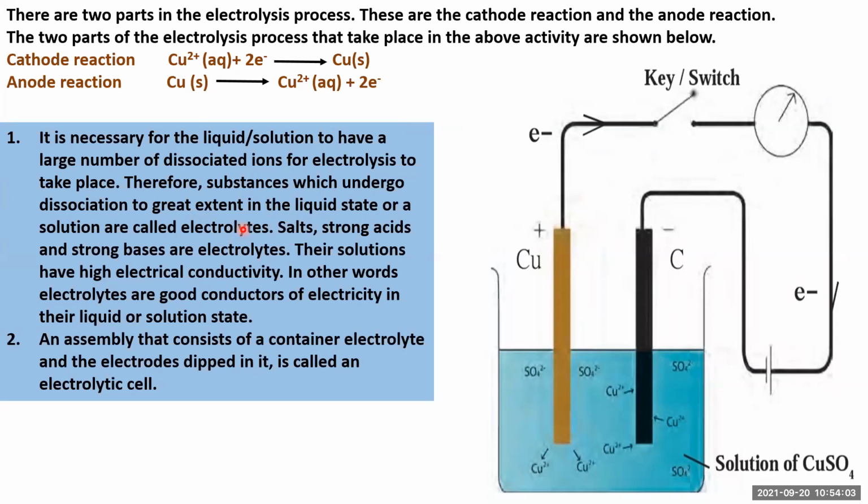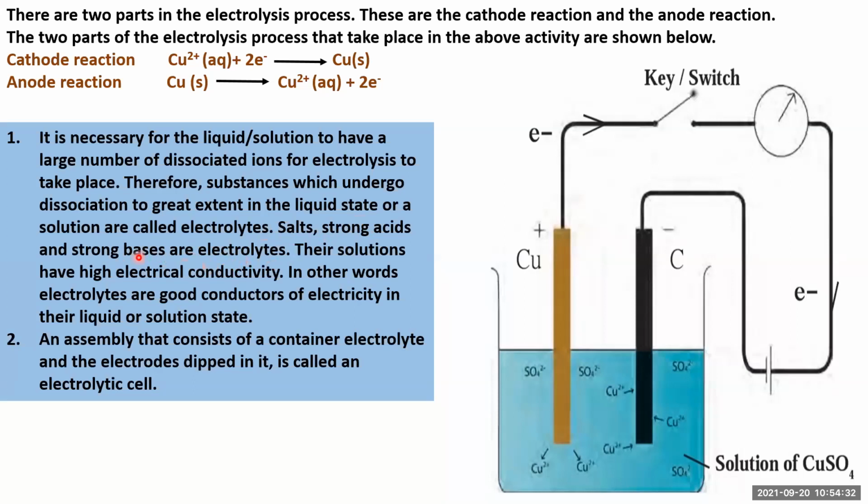Salts, strong acids, and strong bases are electrolytes. Examples of electrolytes are all salts, because salts dissociate into positive and negative ions easily. Strong acids and strong bases also dissociate easily into positive and negative ions. But if you take a weak acid and weak base in place of a strong acid and strong base, you will not get a proper electrolyte.